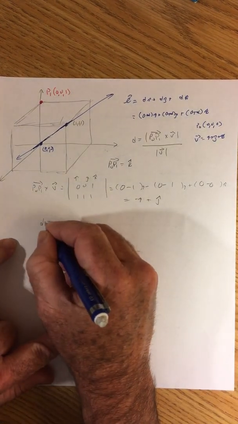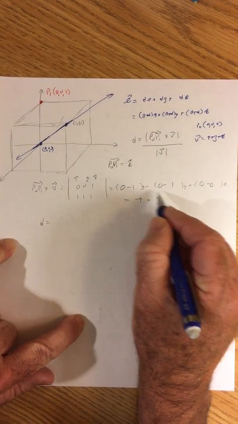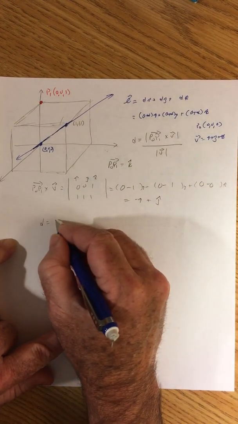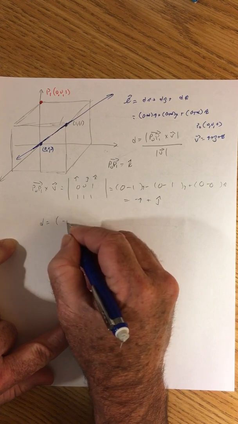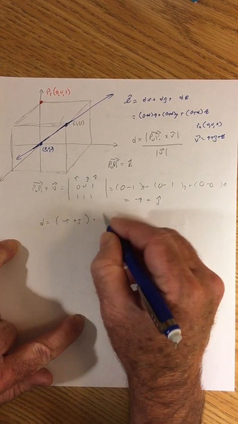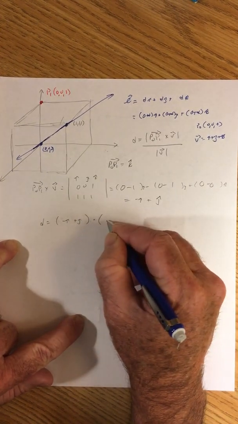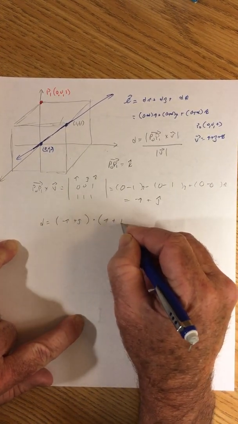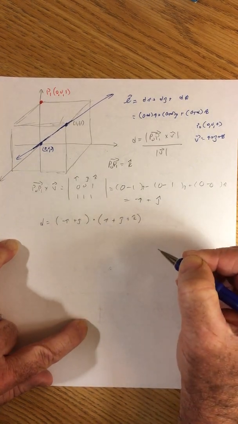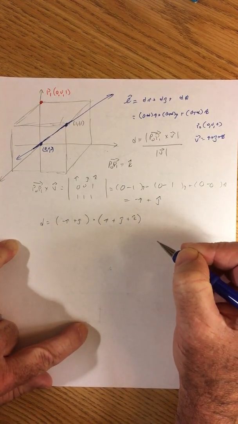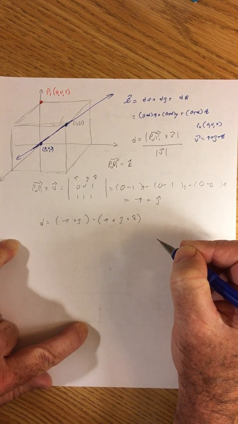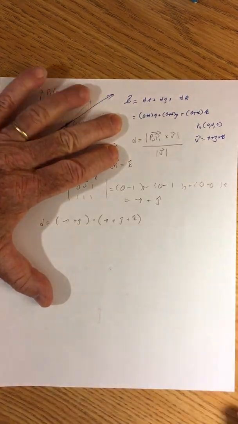So the distance we're looking for is P0, P1 dot V. Okay, so I'm going to write this out like so. Negative I plus J dot I plus J plus K, or cross product, I'm sorry.